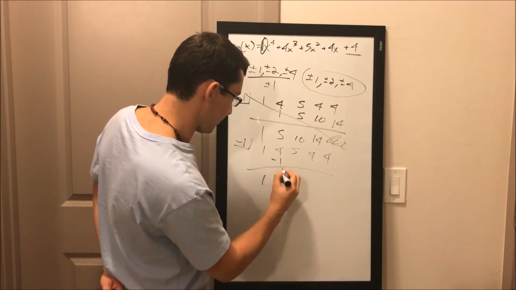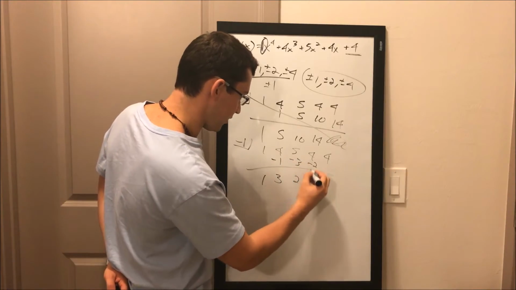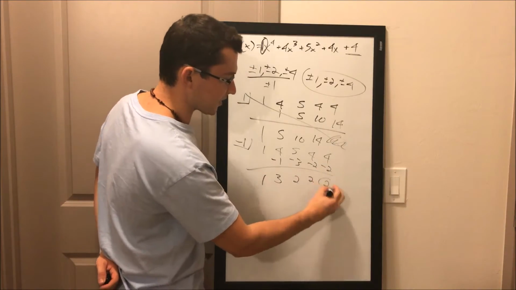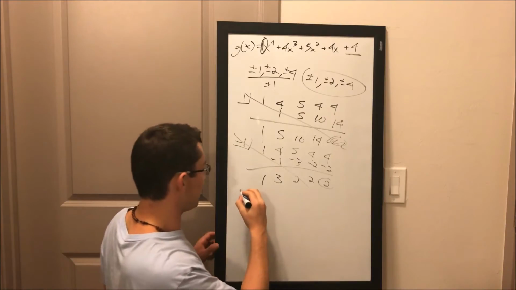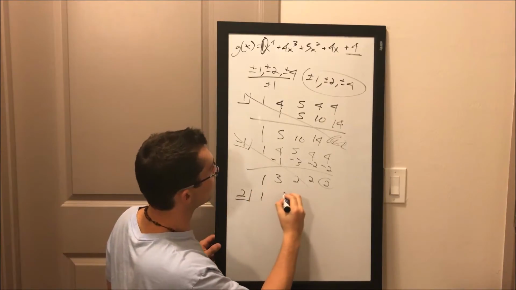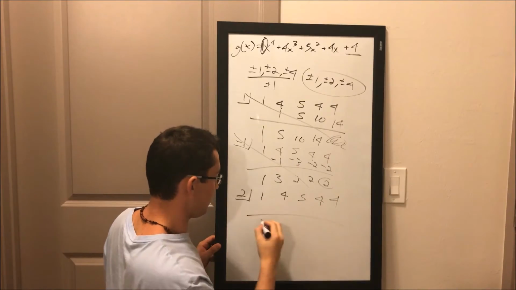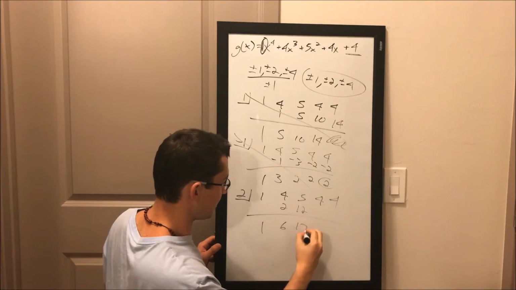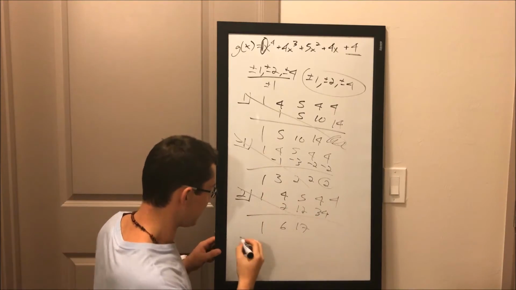Negative 1, negative 1, 3, negative 3, 2, negative 2, 2, negative 2, 2, close but no cigar. Let's do positive 2. 1, 4, 5, 4, 4, 2, 6, 12, 17, 34. Well, we know it's not going to get 0, so we can stop there.